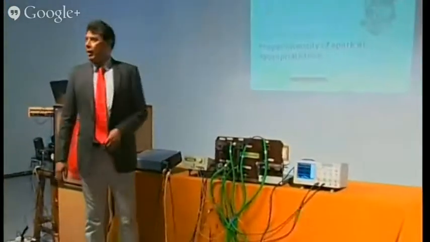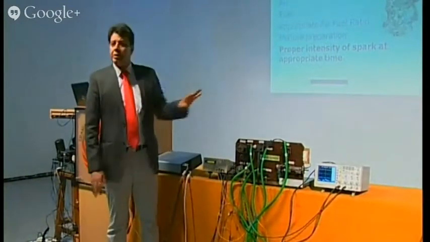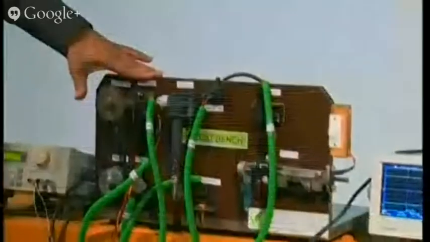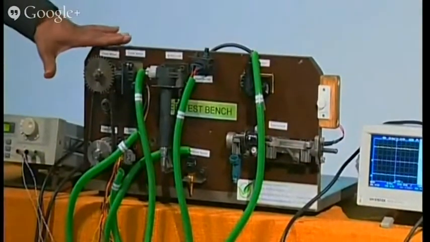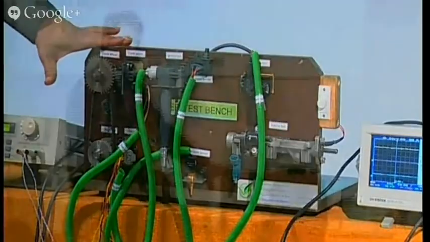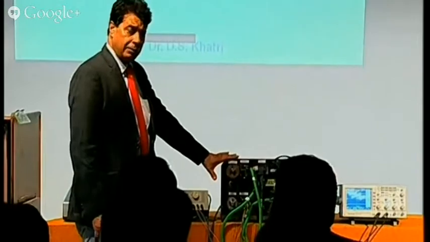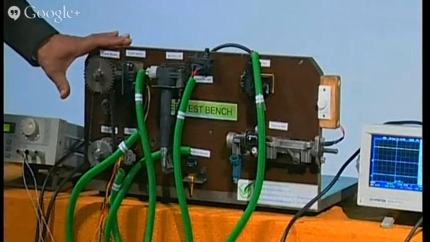Now first I would like to explain the different parts of the system. This is an electronic fuel injection test bench, which is fabricated, designed and developed to demonstrate all the different sensors, their location, their counterpart, their associated part.